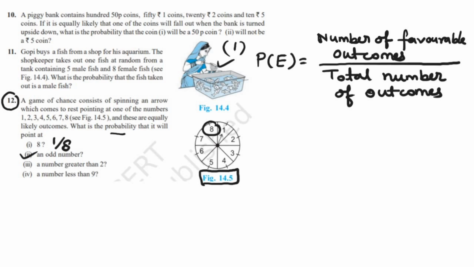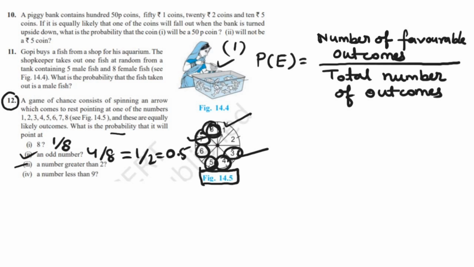The second one, what is the probability that it is an odd number? So out of 1 to 8, how many odd numbers are there? 1, 3, 5, 7. So it is 4 out of 8, which is 1 out of 2, which is 0.5. And then the third bit, what is the probability that we get a number greater than 2? Numbers greater than 2 are 3, 4, 5, 6, 7, 8.